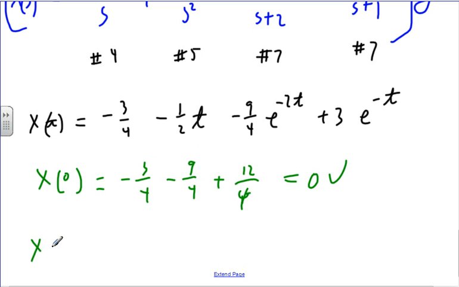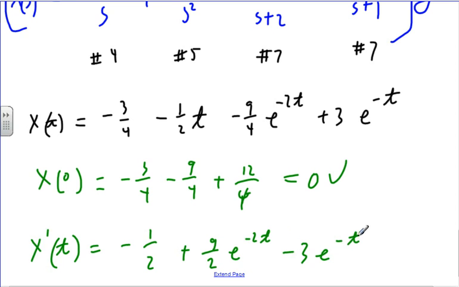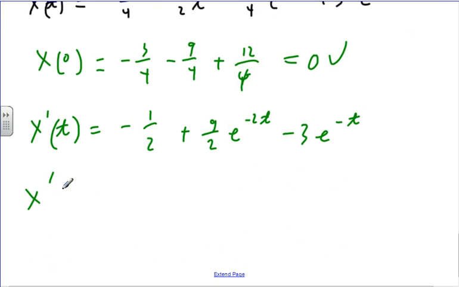And then x prime of t is minus 1/2 plus 9/2 e to the minus 2t minus 3 e to the minus t, and x prime at 0 is supposed to be 2. It's supposed to be 2, and this is 6, 7. 7 minus 9, 2/2. That doesn't check. Oh, what a bummer.